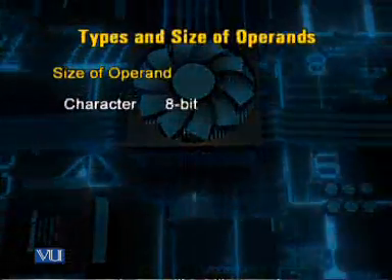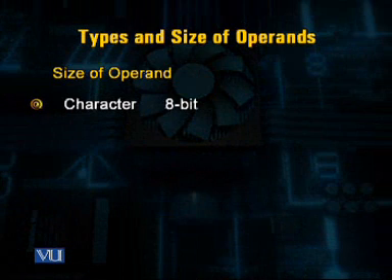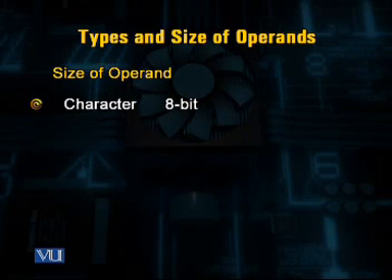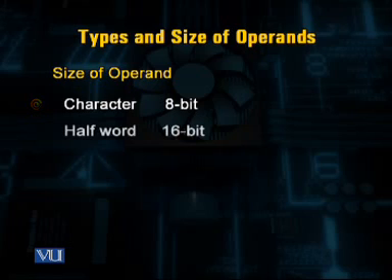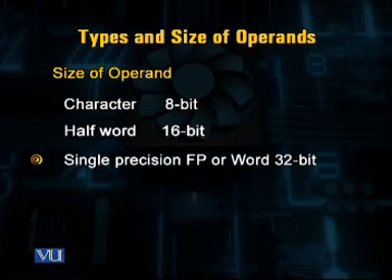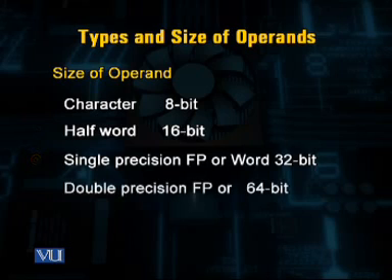For example, characters are specified as an 8-bit pattern, whereas a half word is defined as a 16-bit long pattern, whereas a single precision floating point or a word long data is of 32 bits, and a double word long data, which is also known as the double precision floating point, is of 64 bits in length.